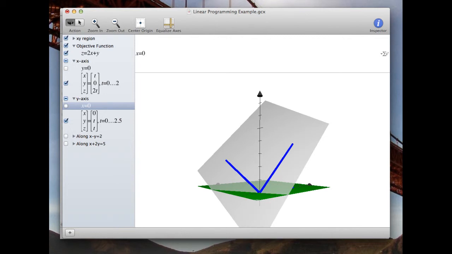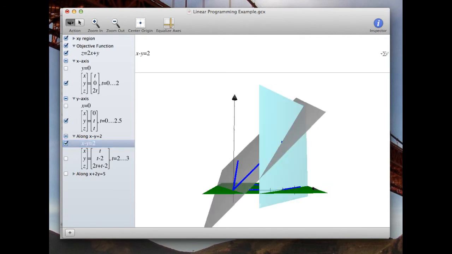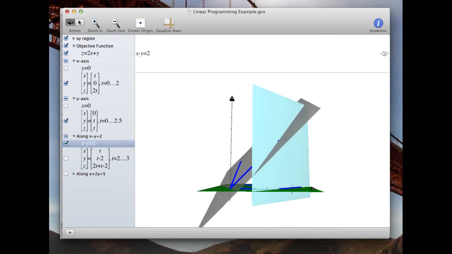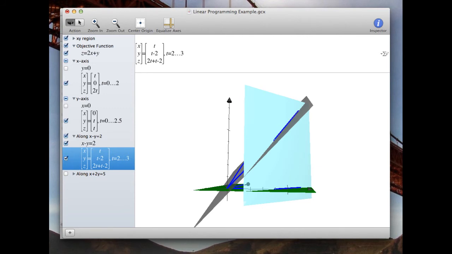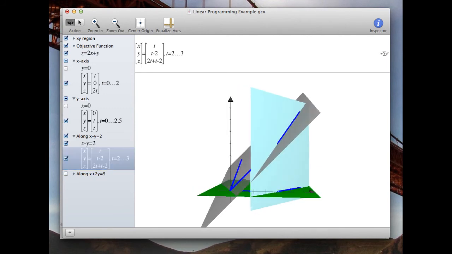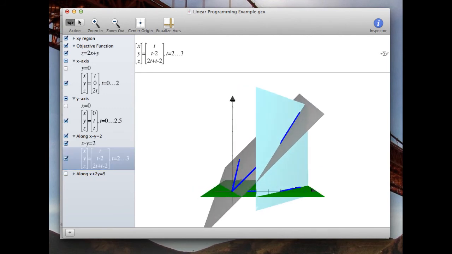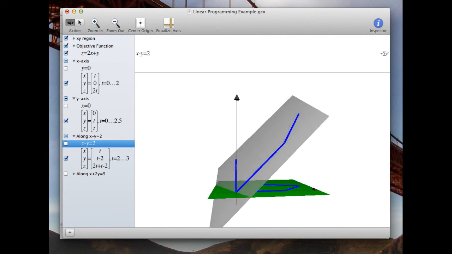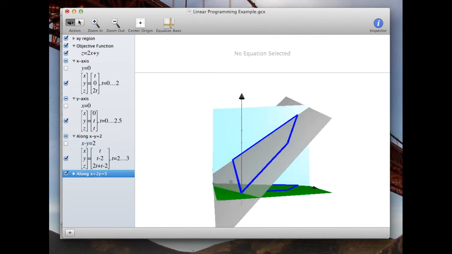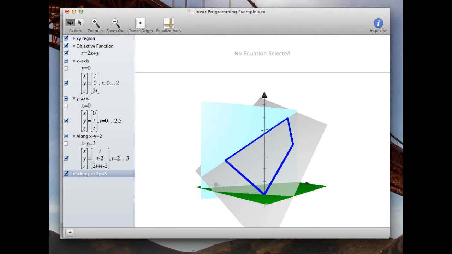And then I repeated the process, doing a little math that you don't really need to understand. I graphed this plane and found the intersection. So it's up there. And then I graphed the remaining part and its intersection. And it looks like this.